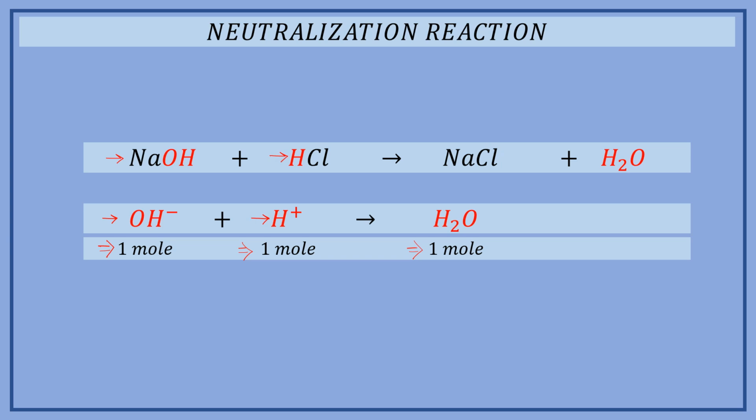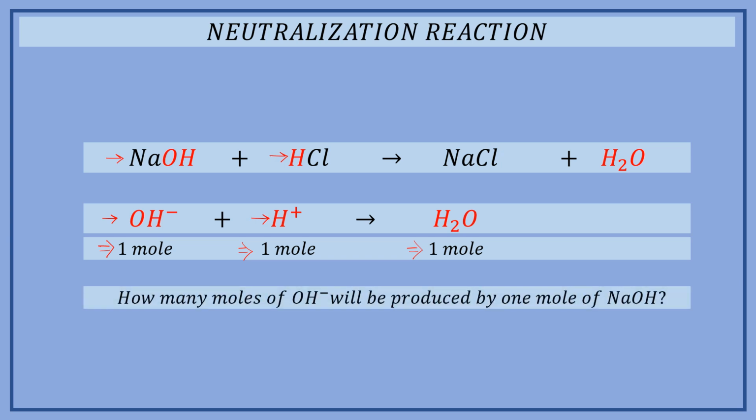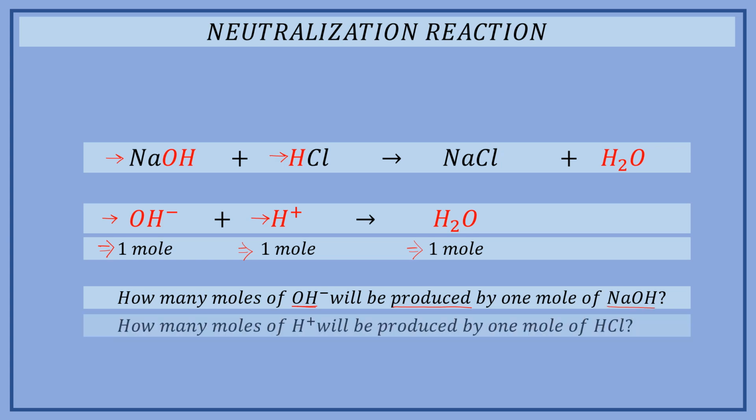So for any acid or for any base, we will require information such as how many moles of OH minus will be produced by 1 mole of that particular base. Similarly, we will also like to know how many moles of H plus ion will be produced by 1 mole of that particular acid.